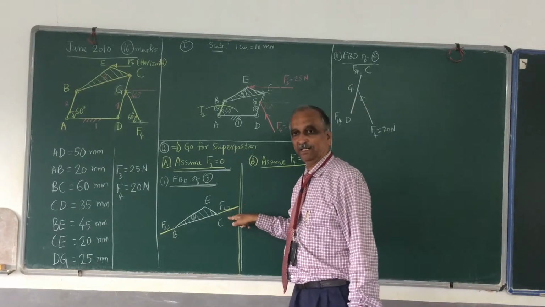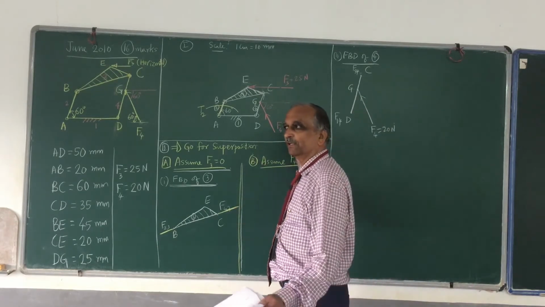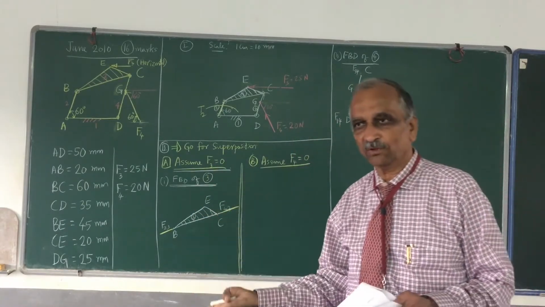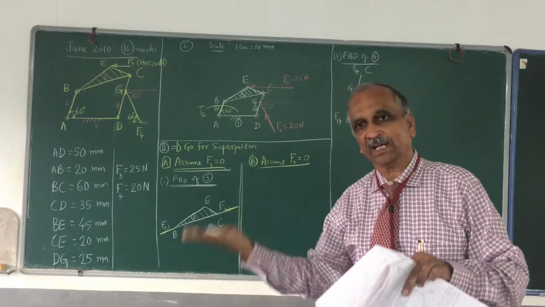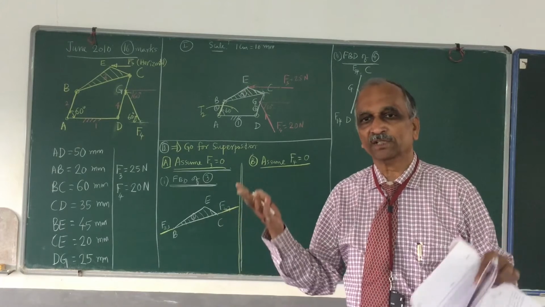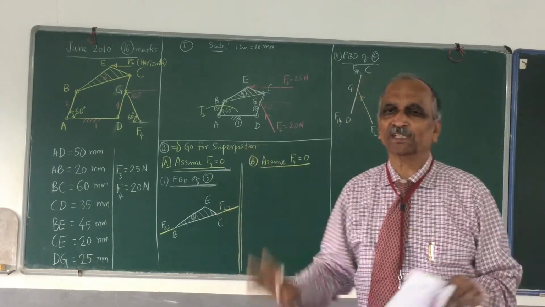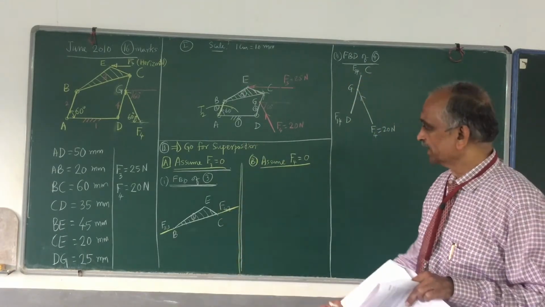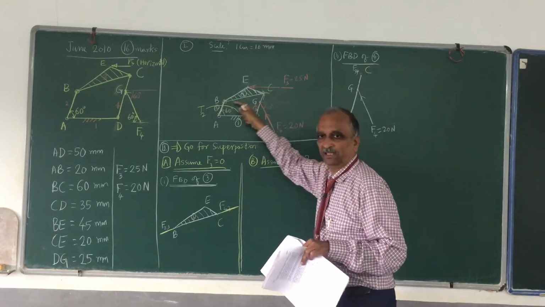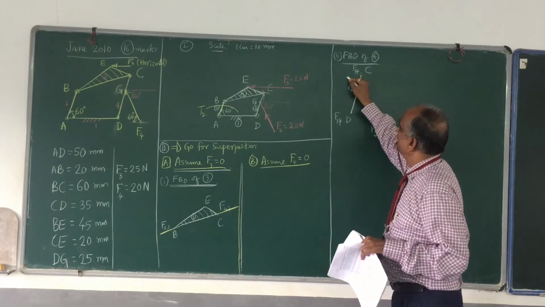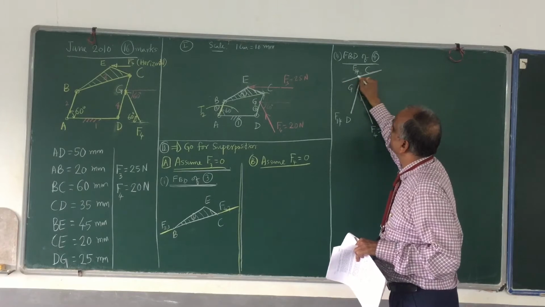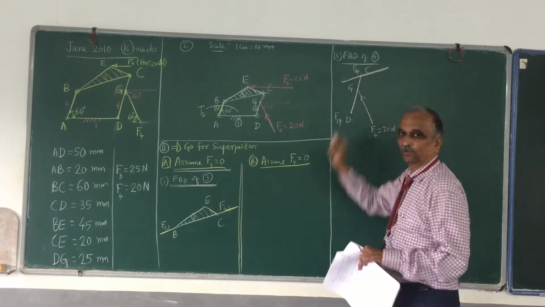Since I have an idea about F4,3, therefore I have an idea about F3,4. F4,3 and F3,4 are action and reaction, therefore the magnitude and line of action are exactly the same, only directions are opposite. Now I know the line of action of F4,3, which is along this BC line, and therefore the line of action of F3,4 is also known. This is the line of action of F3,4.